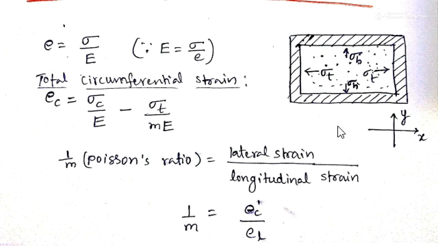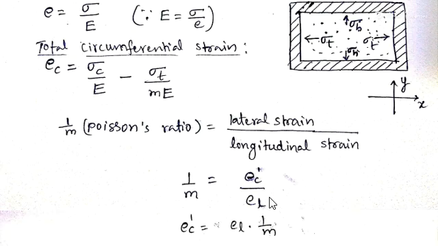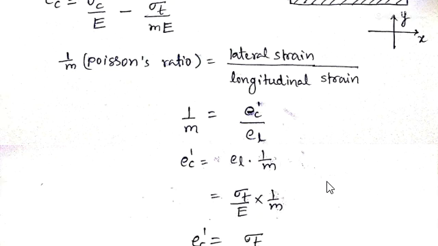So EC dash represents the lateral strain because of the stress in the length direction, the longitudinal stress. The strain in the length direction because of this longitudinal stress is the longitudinal strain. So EC dash by EL is nothing but Poisson's ratio. Cross multiplying, EC dash is EL, the strain in the length direction, into Poisson's ratio.